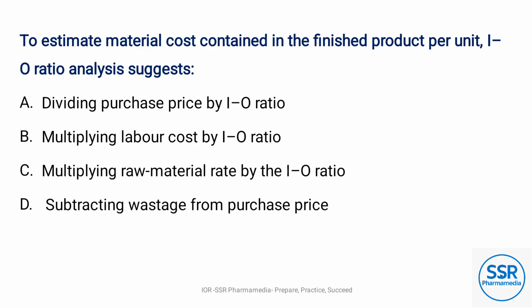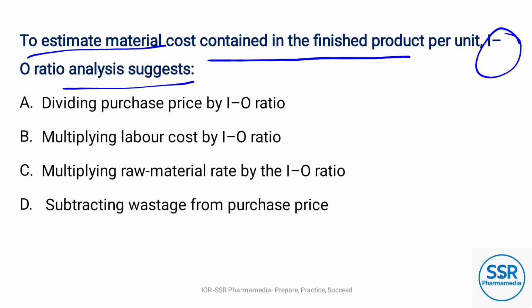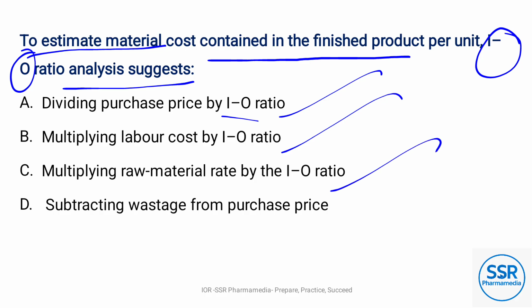Next question. To estimate the material cost contained in the finished product per unit, what does input-output ratio analysis suggest? Option A, dividing purchase price by input-output ratio; option B, multiplying labor cost by input-output ratio; option C, multiplying raw material rate by input-output ratio; option D, subtracting wastage from purchase price.